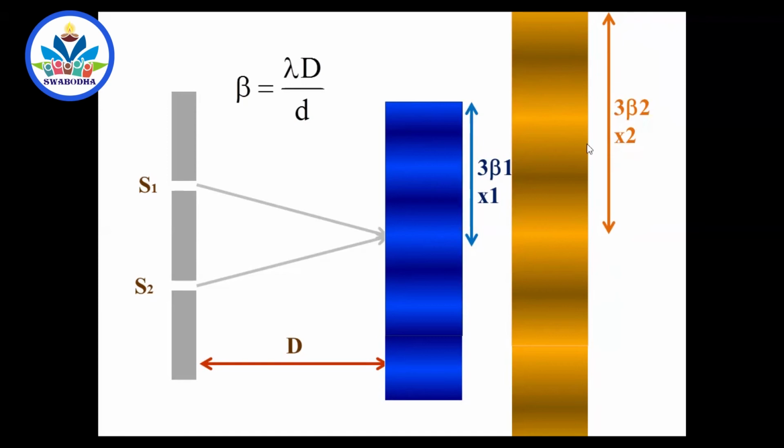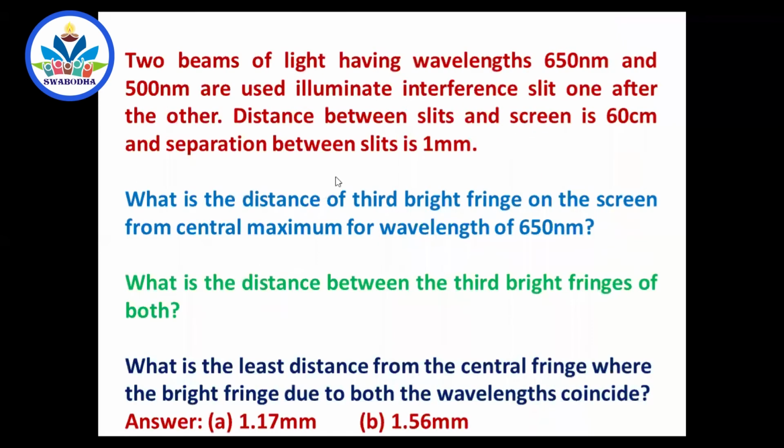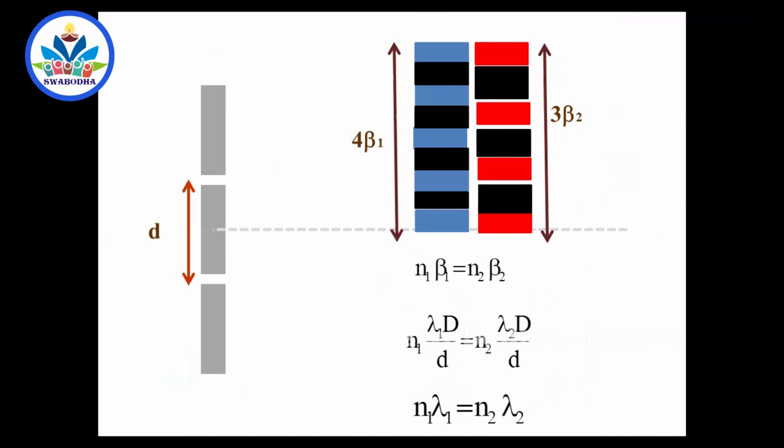That is x2. What is the distance between this third bright fringe and this third bright fringe? That is the first question. What is the distance between the third bright fringes of both? So when you switch on blue light, you will get blue bright fringes, but they are closer and closer and closer. What about red fringes? They are far away, far away, far away. If you look into the previous explanation, here.